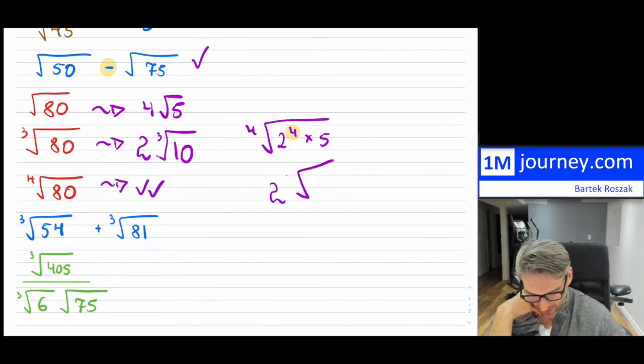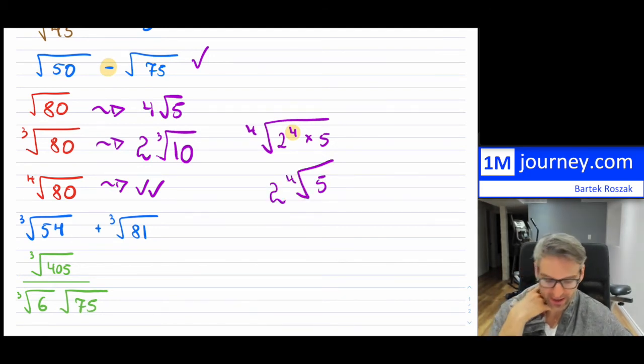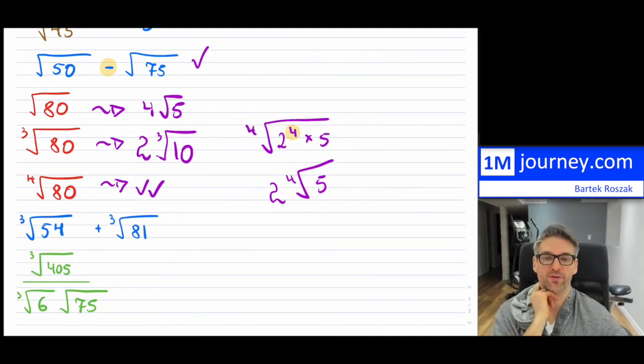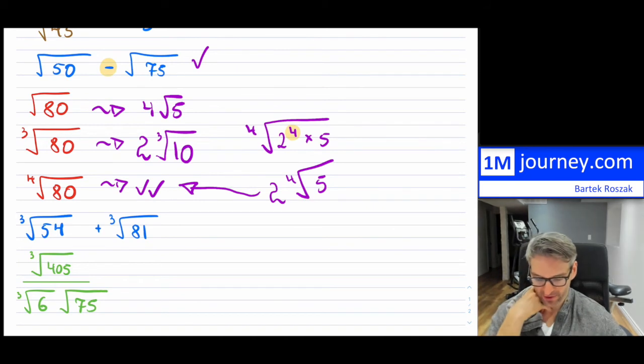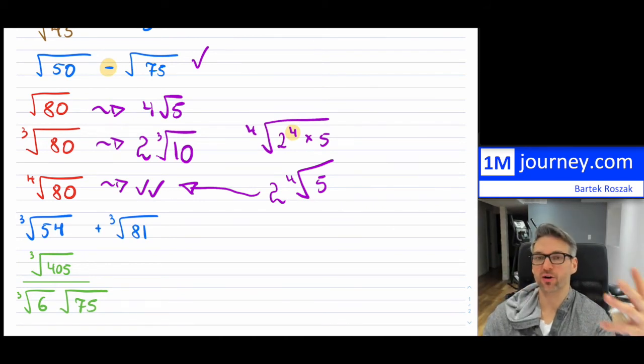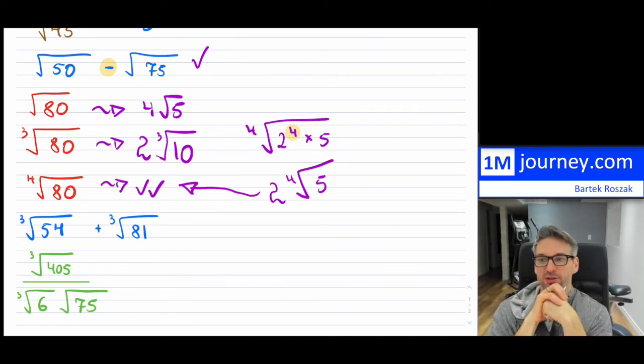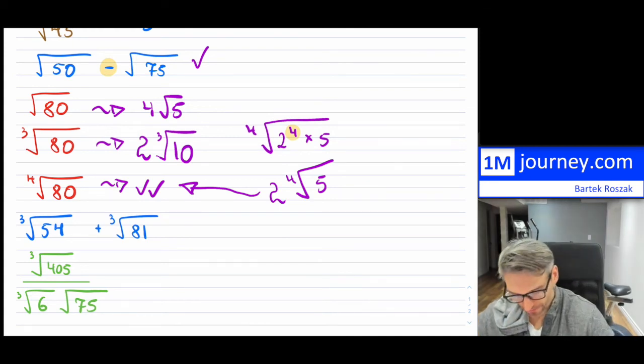And then under the radical, you're going to have your 5. So that's your answer here. All right. So now you've seen all of these different examples, and of course you should try it and try to understand it. The key thing is, can you prime factorize? So let's move on to the next one.